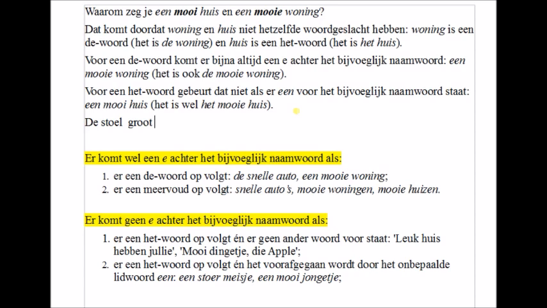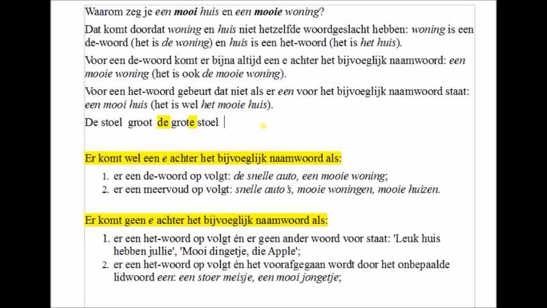But now I want to say "the big chair", so I say "de grote stoel". Notice that here one O disappears. We have two O's, so one O disappears. De grote stoel. But we have to add this E because of "de grote stoel".